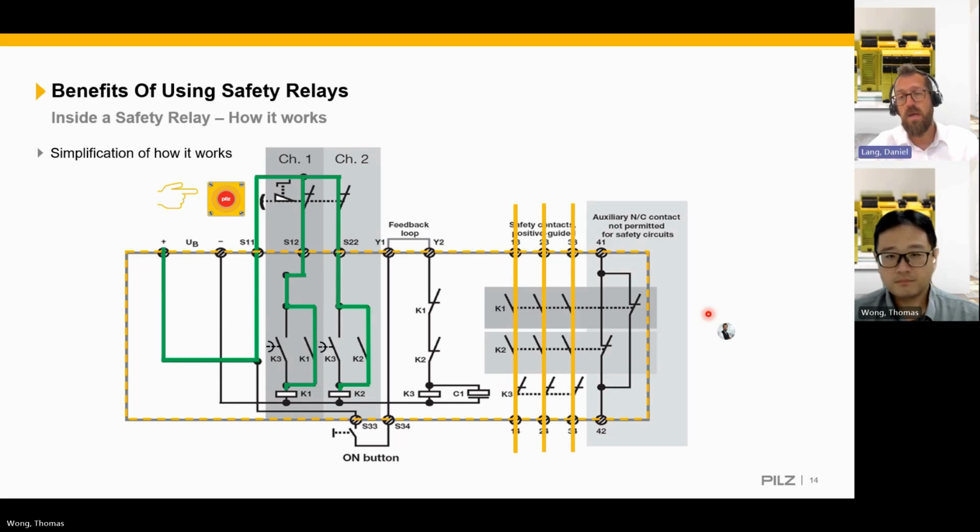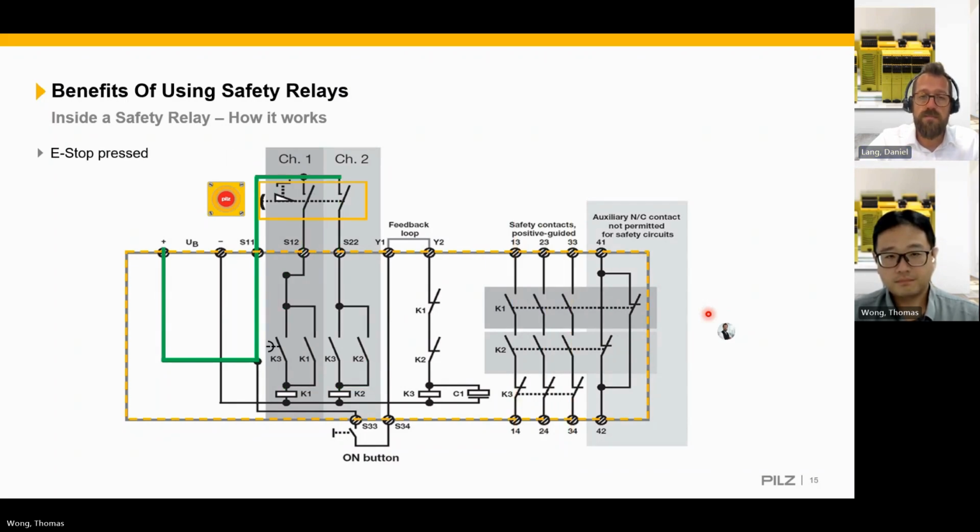Now, in the event of a hazard or something else, the operator pushes the e-stop. And what will happen now? If you push the e-stop, the input channel will open, and in an instant K1 and K2 will not be energized anymore because they do not get the supply voltage.